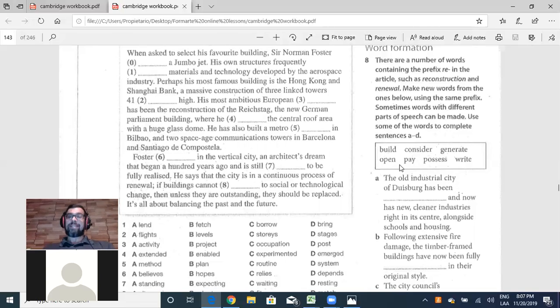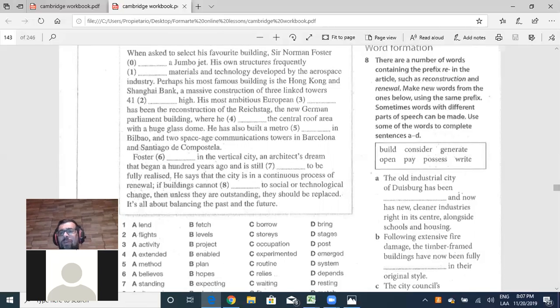Believe it or not, we can say repay. Repossess and rewrite. So these are prefixes that we can use on part three. Remember, we sometimes need to put a suffix or prefix. So with these words, we can use the prefix re.